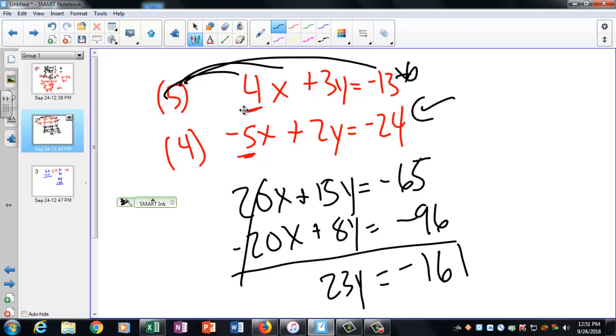I believe him, I did it in a calculator. We're dividing by 23 and we get y equals negative 7. We agree on that? Right now there's a group of people going, if you say 161 over 23 is 7, then I guess I agree. It is. I wouldn't lie to you. I did it last week.